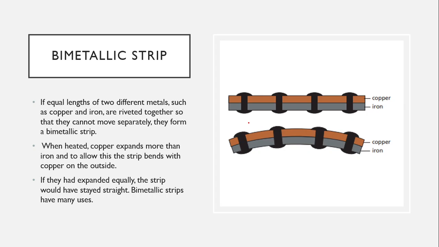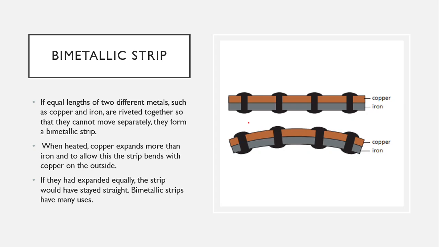A bimetallic strip has equal lengths of two different materials, such as copper and iron. They're riveted together, as you can see in this diagram: two strips of metal riveted together, so they cannot move separately. They form a bimetallic strip.